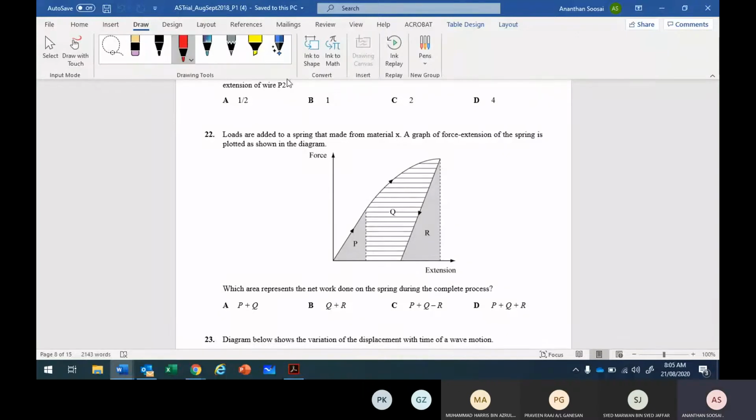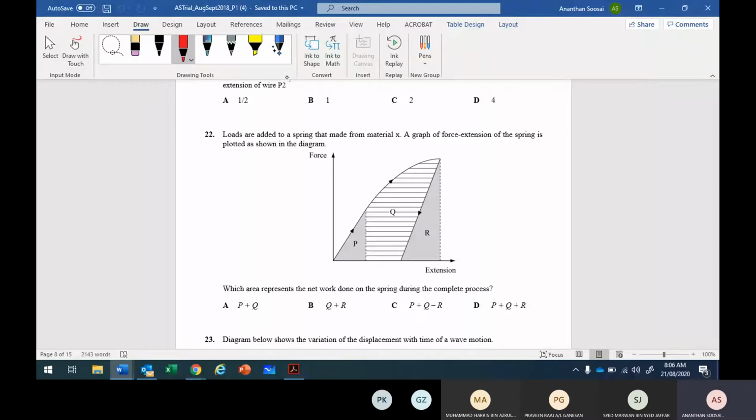Loads are added to a spring made from a material of X. A graph of force against extension of the spring is plotted as shown in the diagram. Which area represents the net work done on the spring during the complete process?